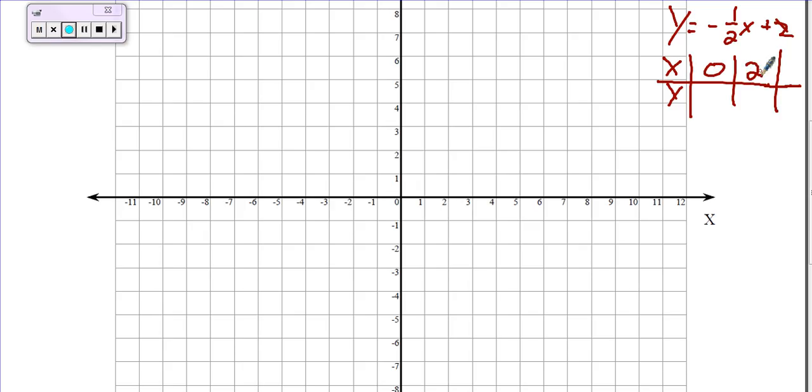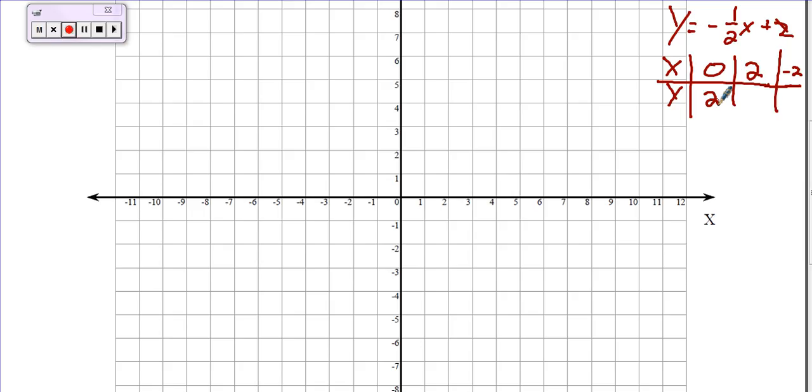Always pick easy. What's the opposite of 2? Pick that one too. You can certainly do 4. I'm just saying pick the easy ones, right? All right, so if x equals 0, what is y? 2. Okay. If x equals 2, what is y?